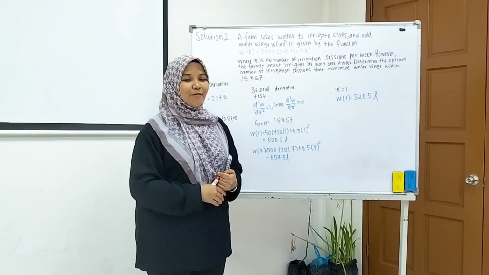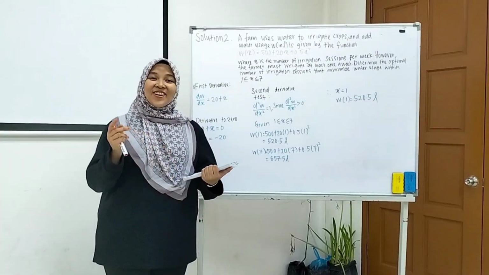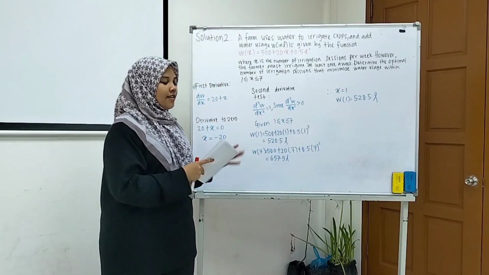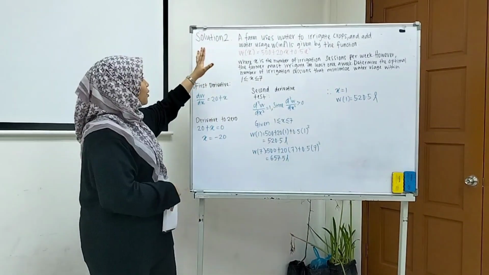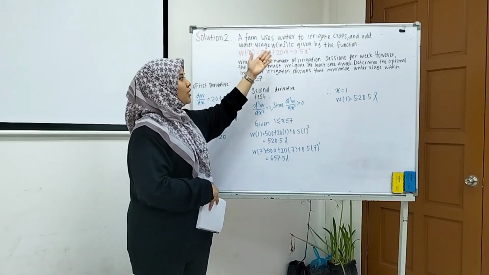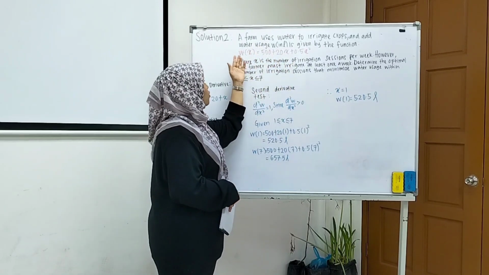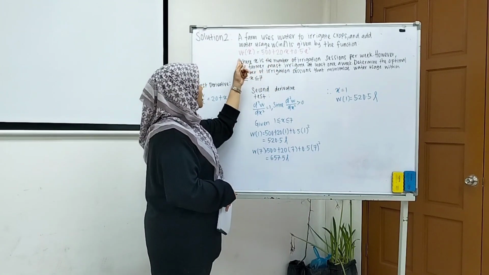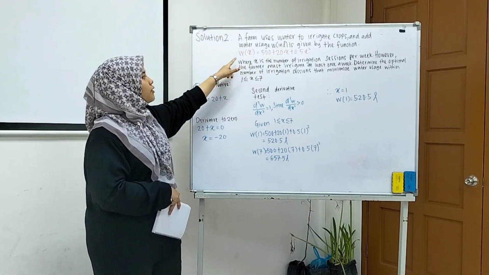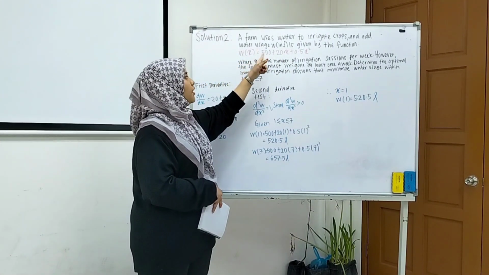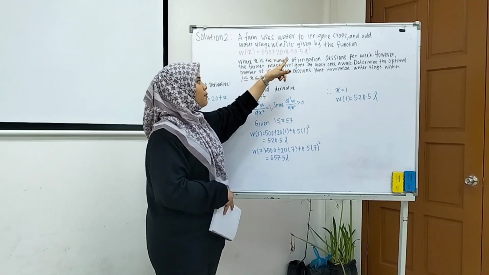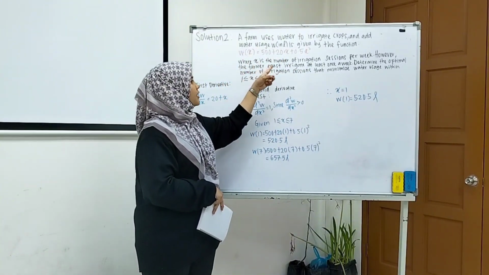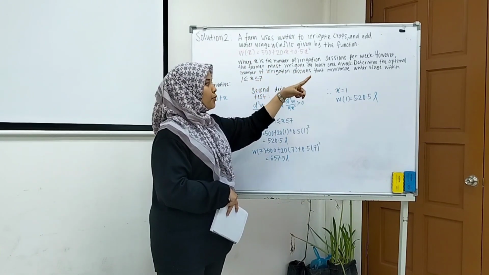Hi, I'm member number 2. So we're going to move on to solution 2, adding realistic constraints. The problem statement is, a farm uses water to irrigate crops and the water usage, W in liters, is given by the function W(x) equals 500 plus 20x plus 0.5x squared, where x is the number of irrigation sessions per week.